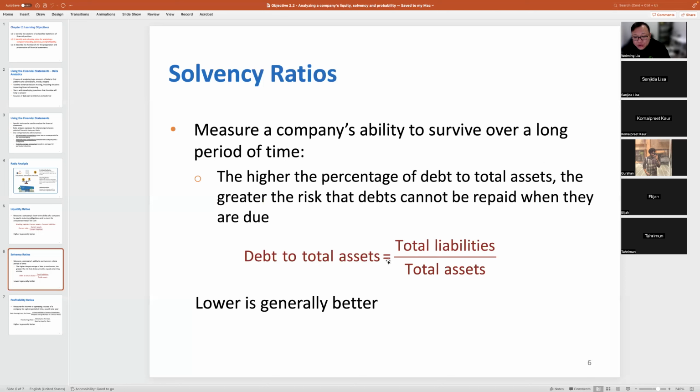Okay, so you use your total debt, total liabilities, divided by your total assets. So generally, for this number, the lower is the better. You wish to have a lesser proportion of assets financed by debt in your business. That's considered a better situation.